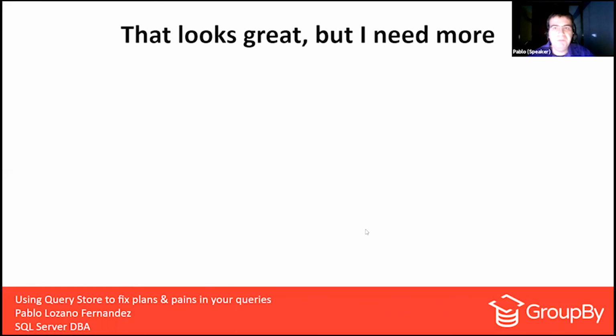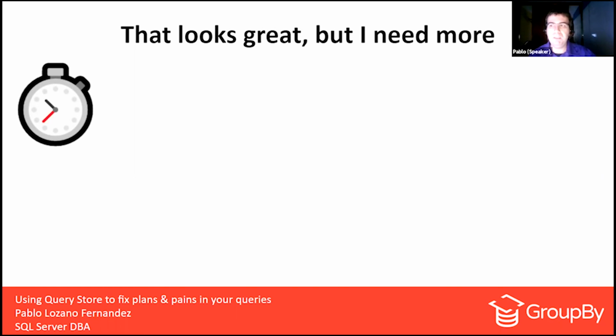In addition to the information you can get from the UI, you can write your own reports. So maybe you want to know which of your queries take longer than 5 seconds. Let's say your queries are loading data for the website, and if it takes more than 5 seconds, a user gets frustrated and goes to another website, or just starts complaining about the latency or the issue with the browser.